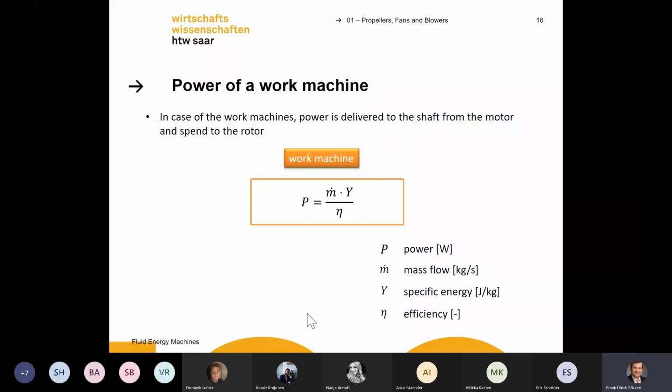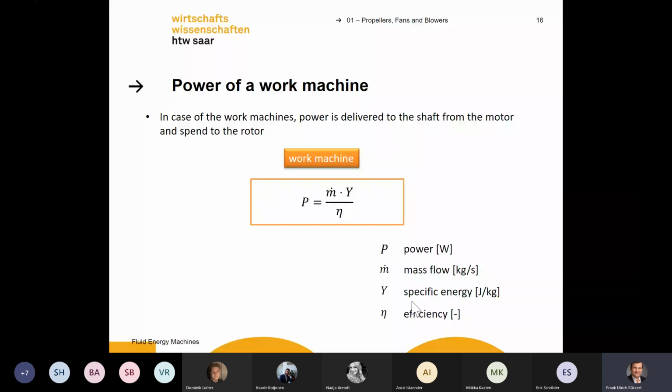Yes. Can anyone tell me, maybe you know it from physics or thermodynamics, what the word specific means? We will use it more often in future. You know it from normal life.